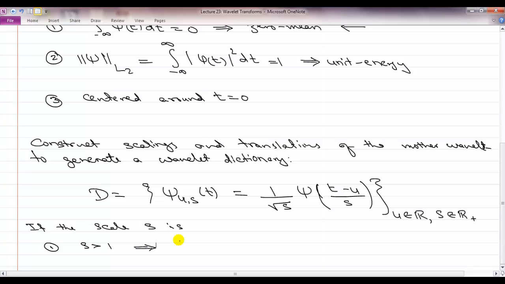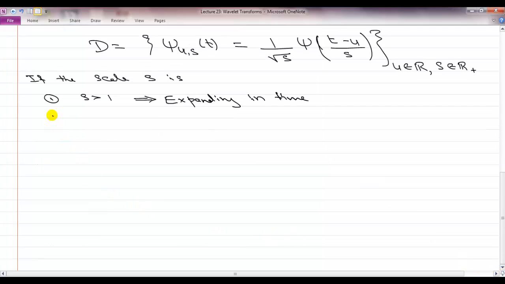If s is greater than 1, then you are expanding your mother wavelet, right? So you are expanding in time. And if s is less than 1, then you are contracting in time.